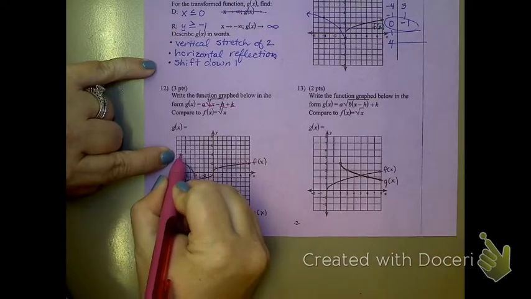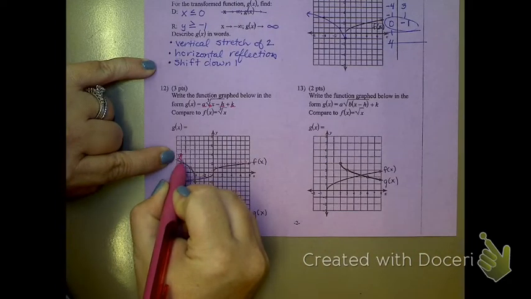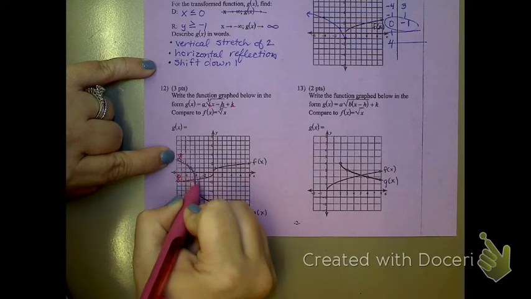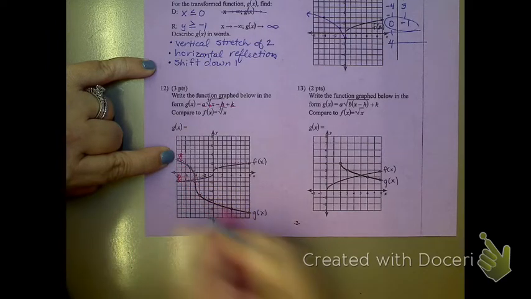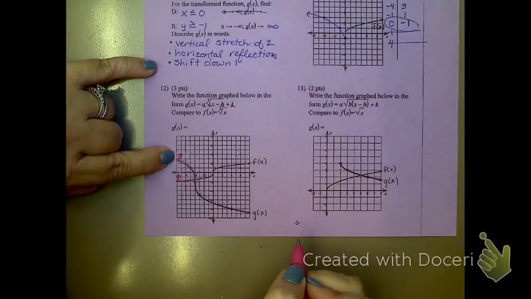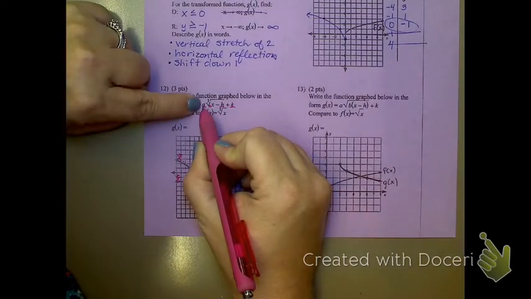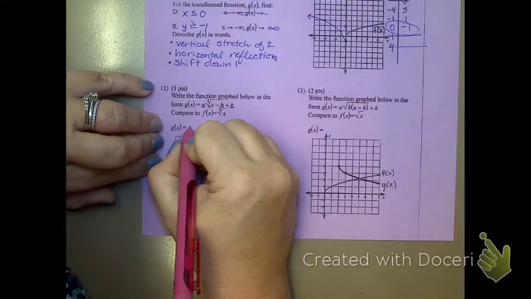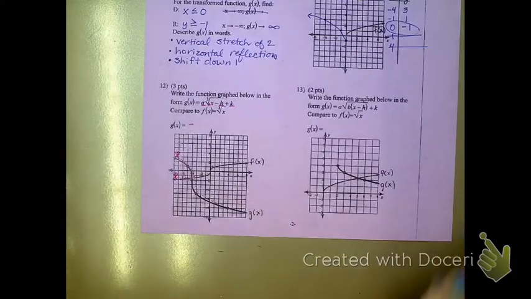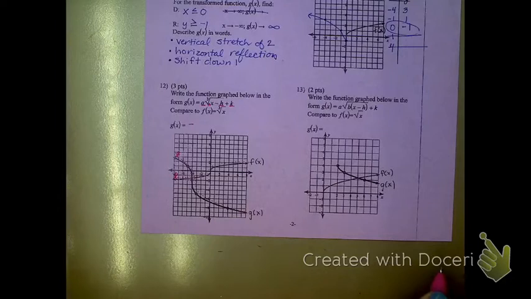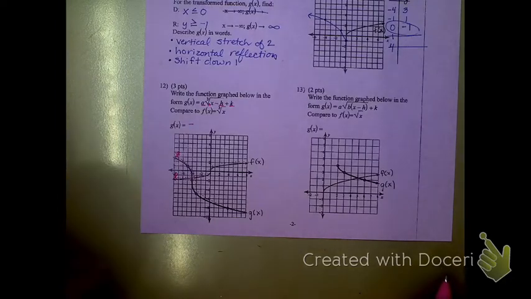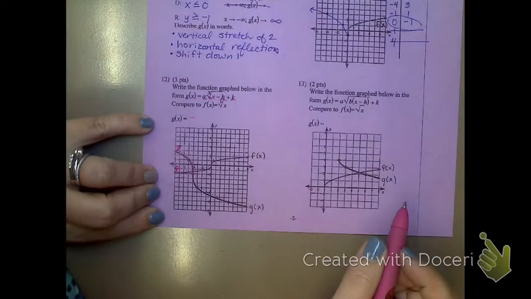My little person is going downhill, which means we have a reflection going on. Since there is no b value, that reflection has to go with the a value. So I'm going to put a negative at the very beginning because I know my a value needs to be negative. My inflection point, where's my inflection point?